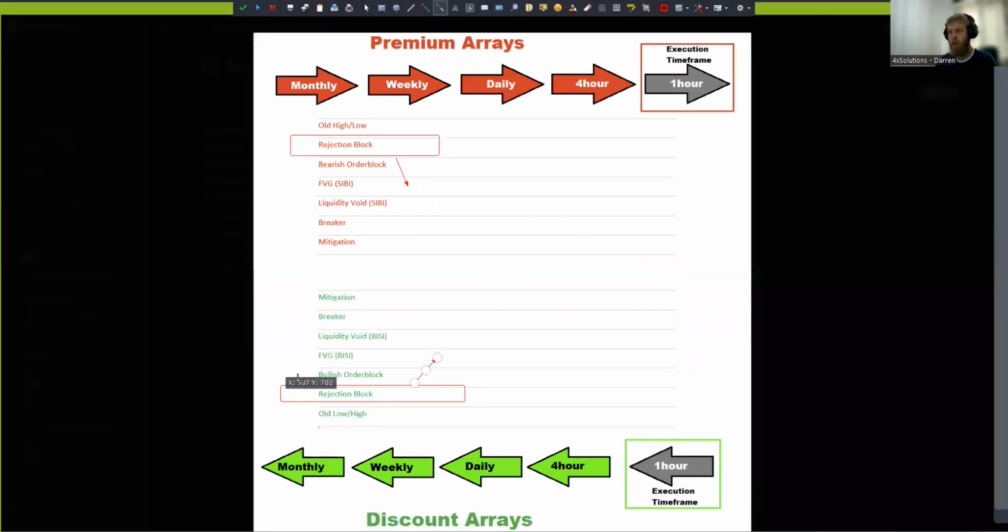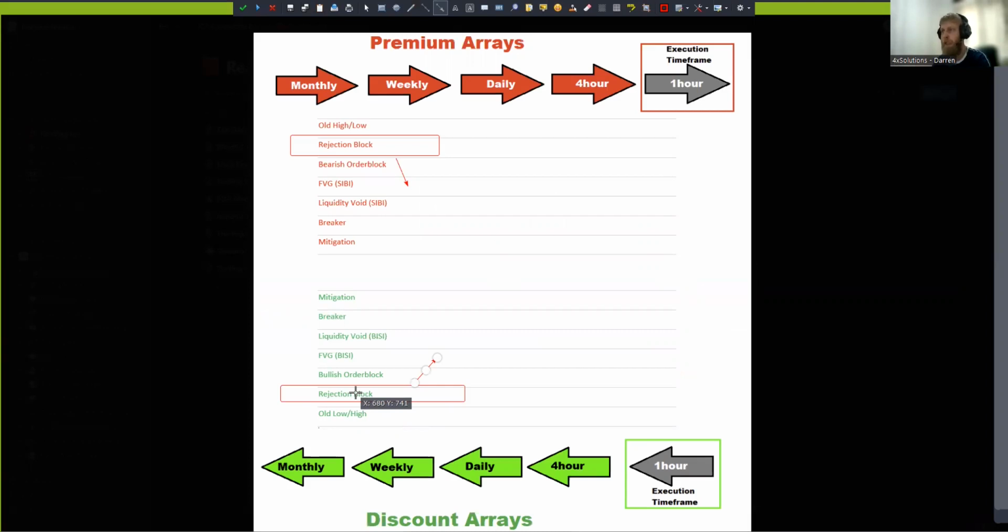Why? Because if we look at what the rejection block is, it rejects price, having taken liquidity, traded into another array, and then creates a new array. And by the time we've identified the bullish order block, the rejection block's already occurred. Where does the rejection block occur? Off of another higher time frame.